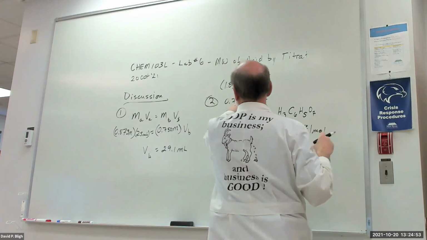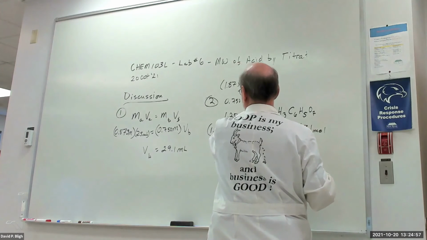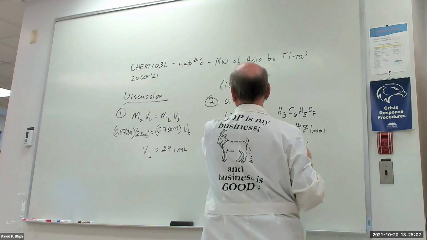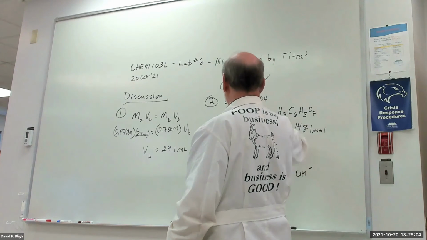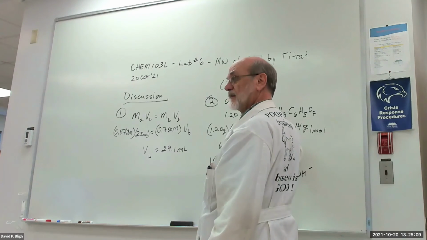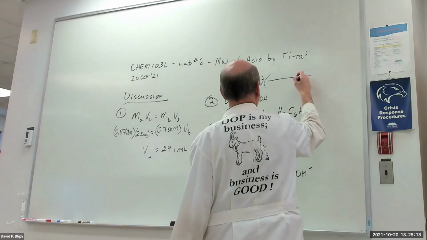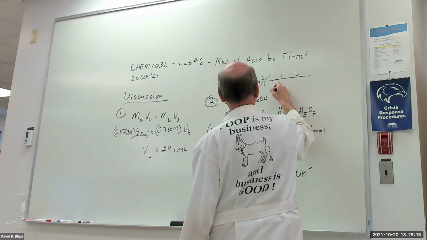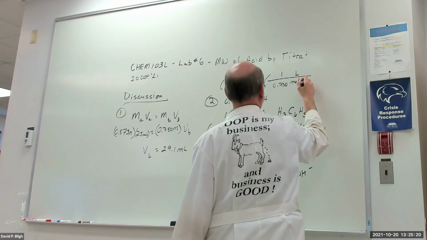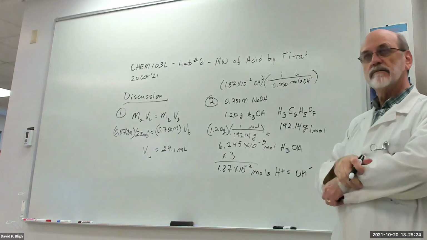So this is the molarity, which is moles of compound per liter. But since it's 1 to 1, it's also the moles of hydroxyls, is it not? Per liter. Right? So we're going to cancel. In 1 liter, we have 0.750 moles of hydroxyls. Right?